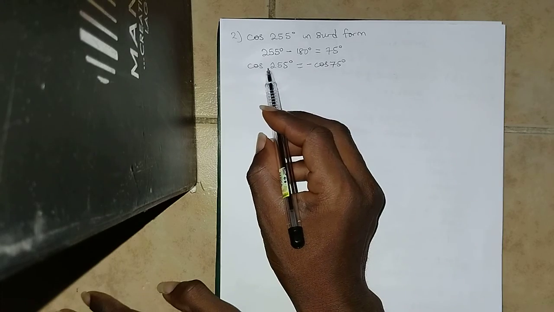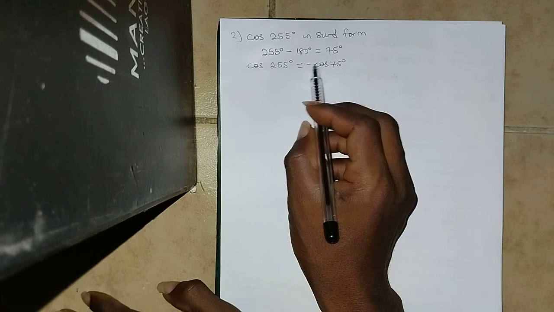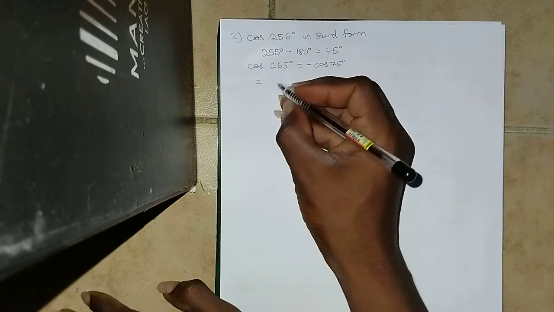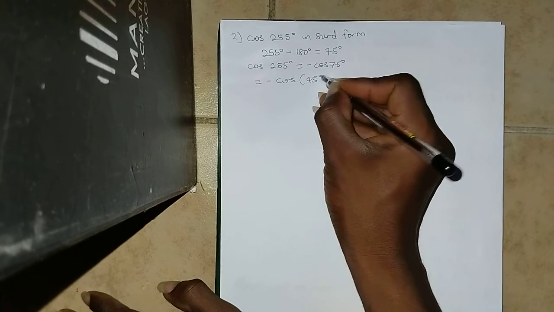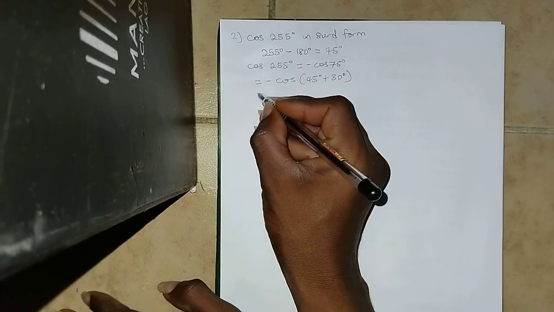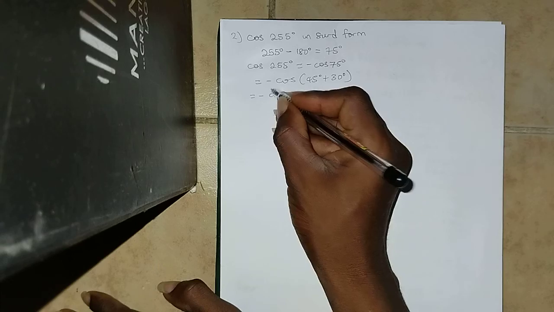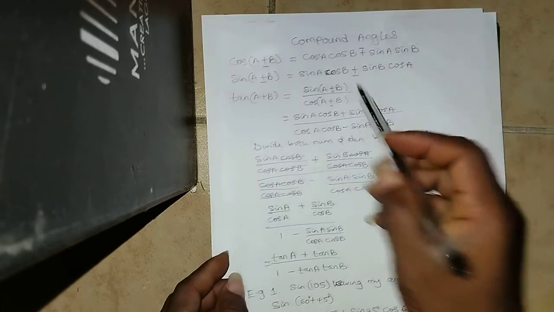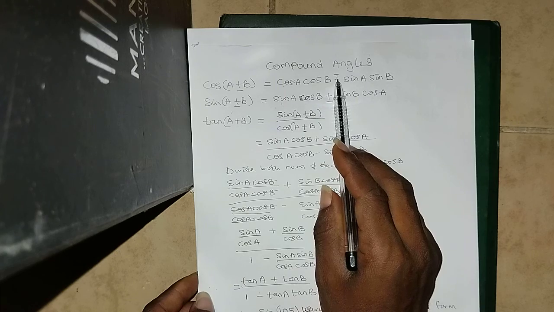Because the answer of cos 255 degrees, if you press it in the calculator, will be negative. So for us to be sure that the answer is correct, we also have to have 75 in negative form. So we'll have this as minus cos 75, which should be 45 degree plus 30 degree. Now remember that cos of a plus b is cos a cos b, and if it's plus, then it will be minus sine a sine b.